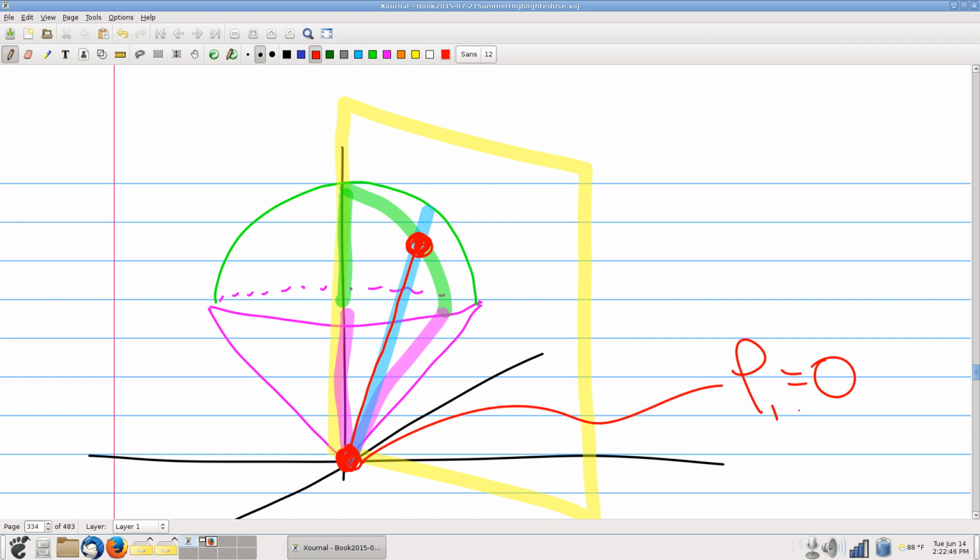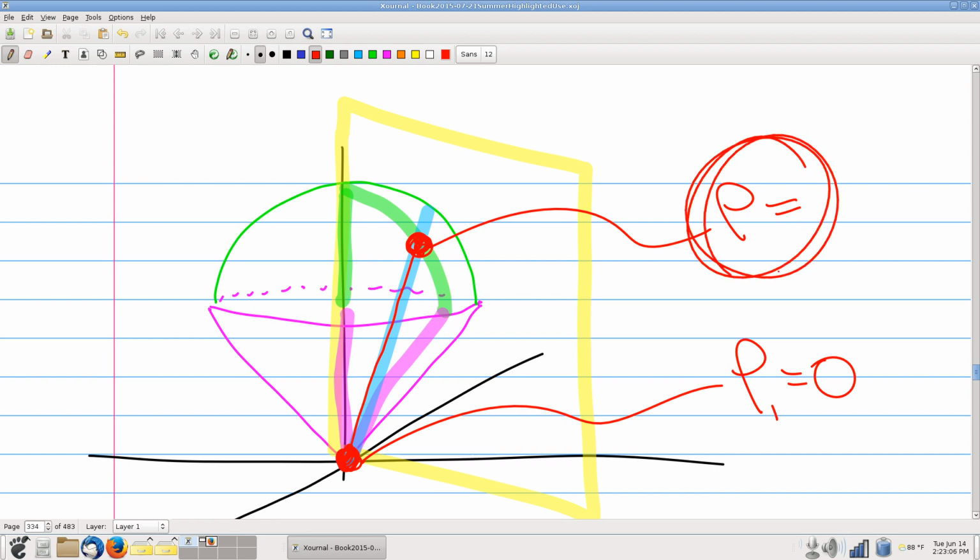Clearly, rho 1 is 0. What do I know about rho at that point? Well, okay, so again, we have to think about where is the point in question? What surface is that on? And then what's the equation for that surface? And then we'll want to solve for rho. Well, that point is on this green sphere surface. So I'm going to have to figure out what the equation of that sphere is in spherical coordinates.